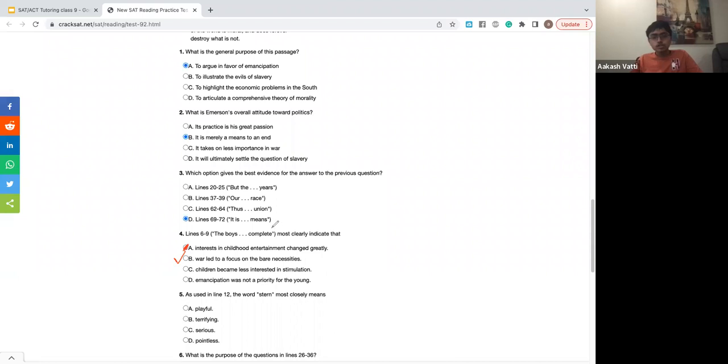Children became less interested in stimulation. Nowhere does it say that. It just said that they don't have as much stuff as before the war. Emancipation was not a priority to the young. Again, nowhere does it say emancipation in that phrase right here. Therefore, that couldn't be the answer. Therefore, C is our answer. I mean, B is our answer.